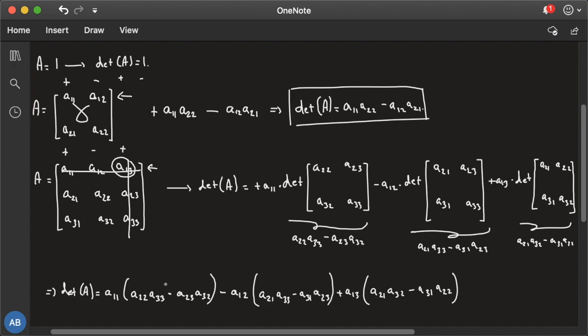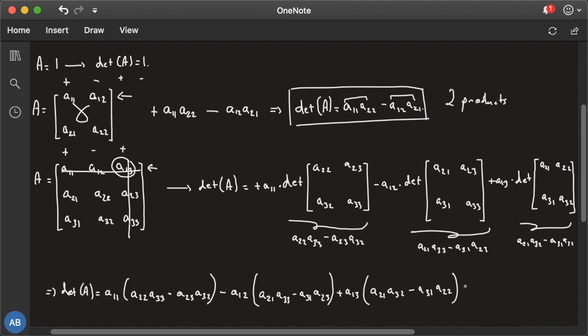As you can see, if you count the number of products, for a 2 by 2 matrix we get 2 products, formed by this is the first one and this is the second one.